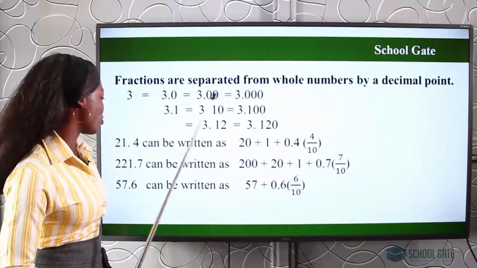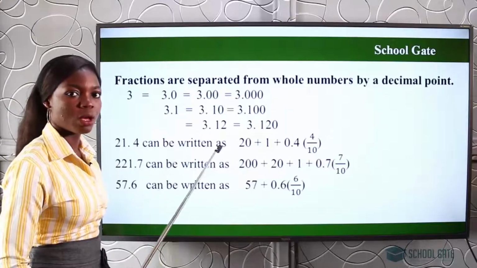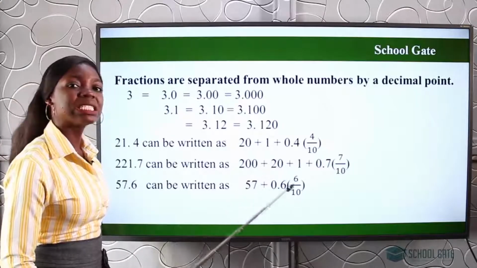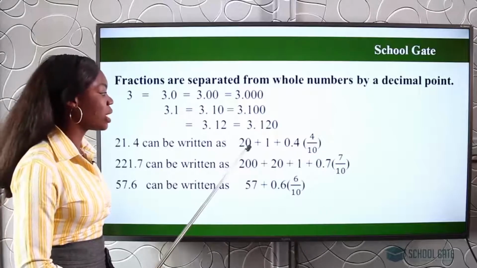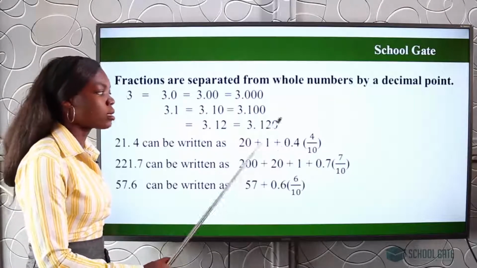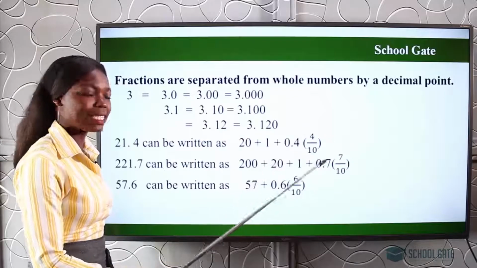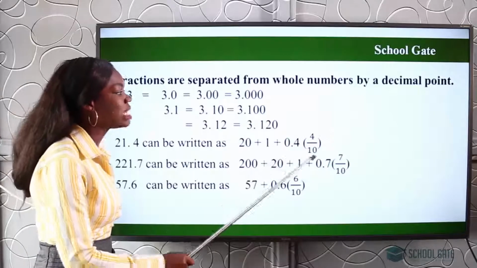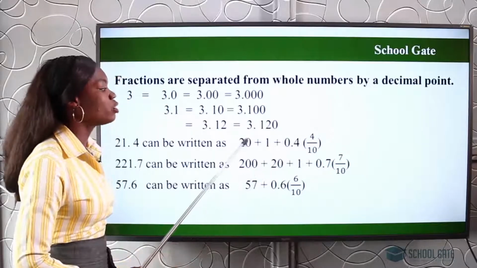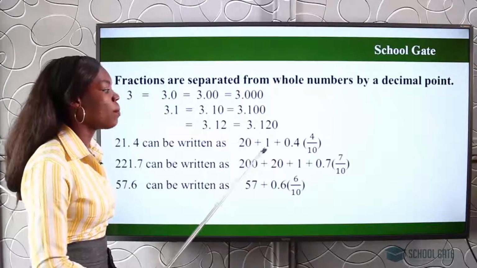For example, 21.4 is expanded and written as 20 plus 1 plus 0.4. As you can see, this 0.4 is the fraction part, while this 21 is the whole number part.